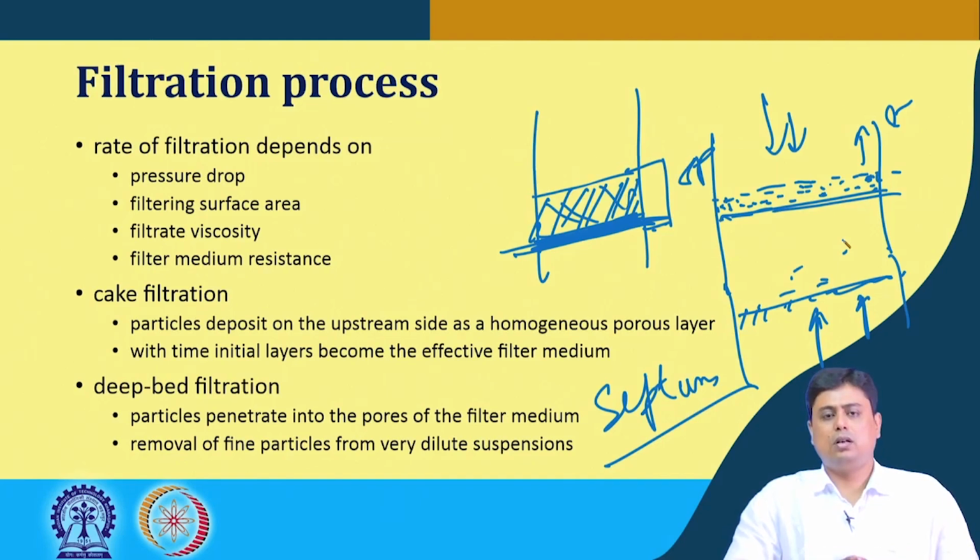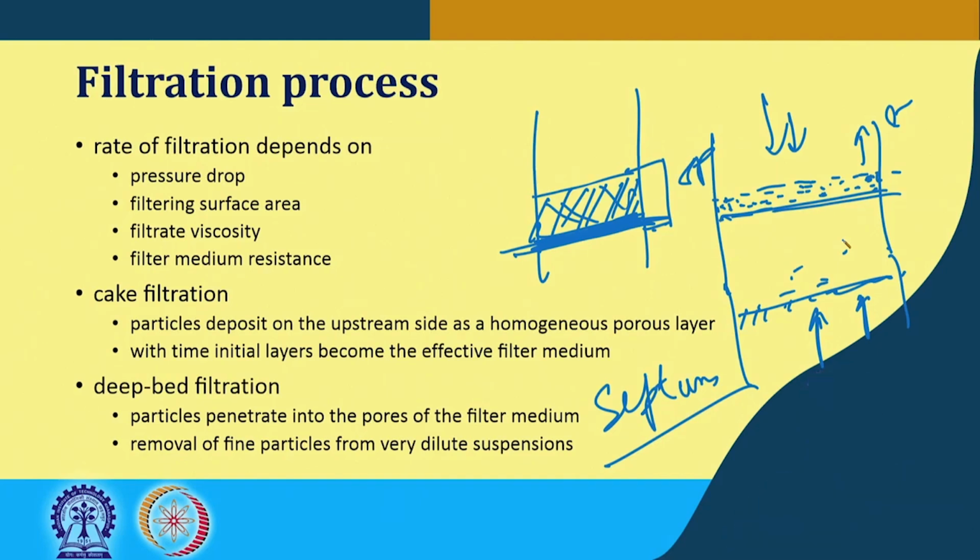I will conclude this lecture today with one note: if you understood this concept, then you can understand that with time, with the increasing resistance, the flow rate of the product decreases. If you want a constant flow rate, your pressure has to be variable, or has to increase continuously. Why that is, we will see in the next class with the pressure drop relation, and we will understand why and how this is happening.